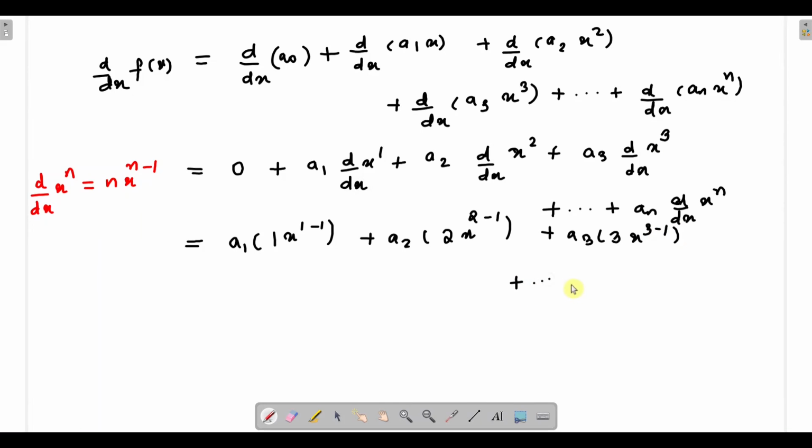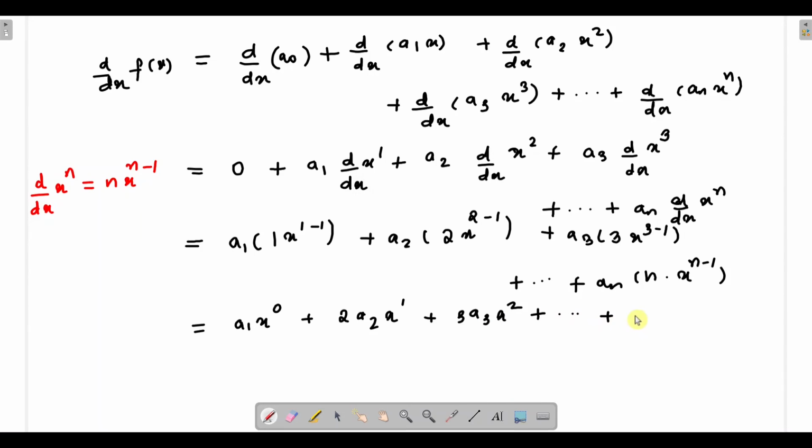And so on up to an, and then you will get n times x raised to n minus 1 as the derivative of x raised to n. Okay, so what we will get here? a1 x raised to 0 plus 2 times a2 x raised to 1 plus 3 times a3 x raised to 2 and so on up to n an x raised to n minus 1, right? So this is the derivative of the polynomial.